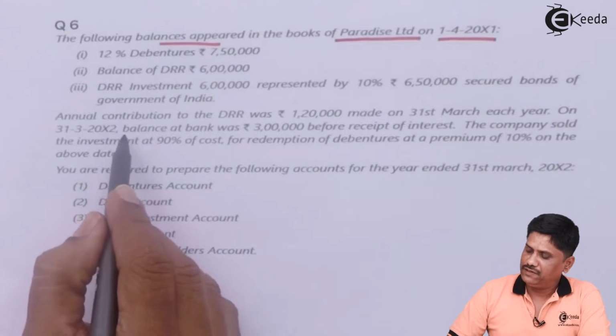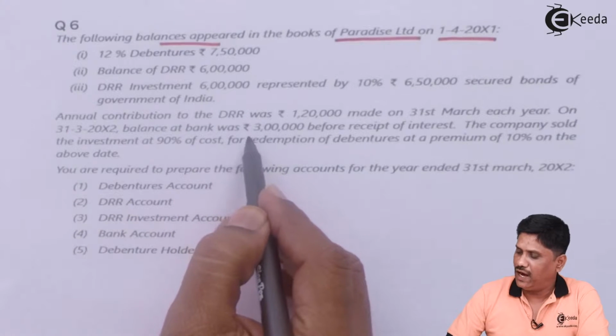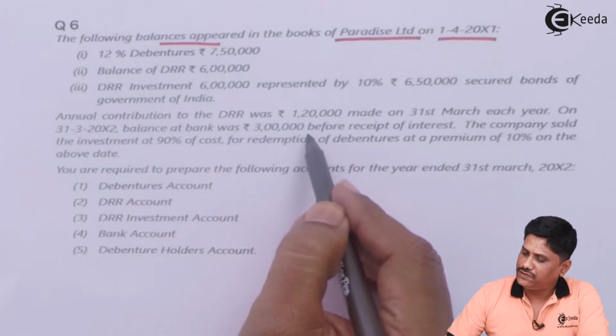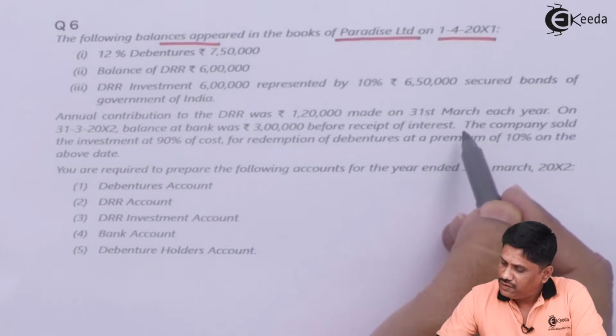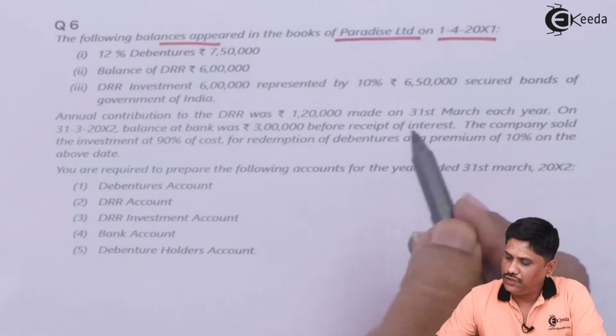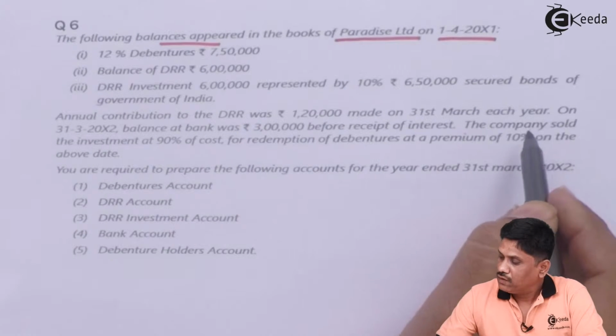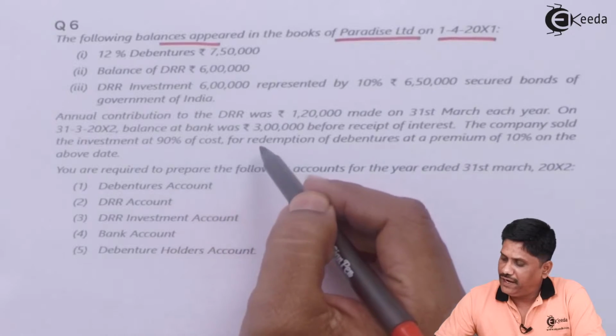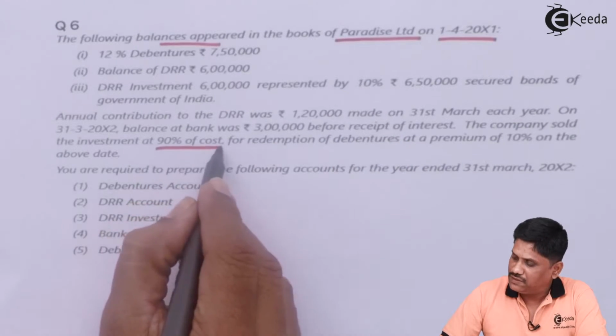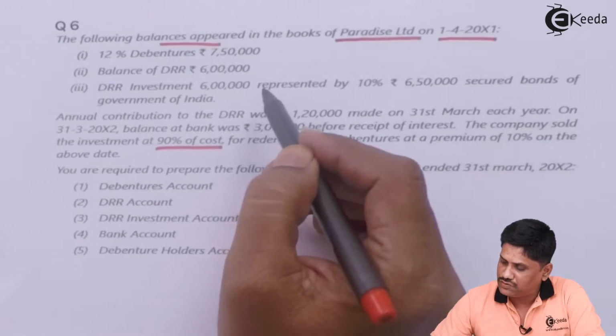On 31st March 2000 the balance at bank was rupees 3 lakhs before receipt of the interest. Okay, so interest we have to receive. Company sold the investment at 90% of the cost. So what is our cost? Cost is 6 lakhs.